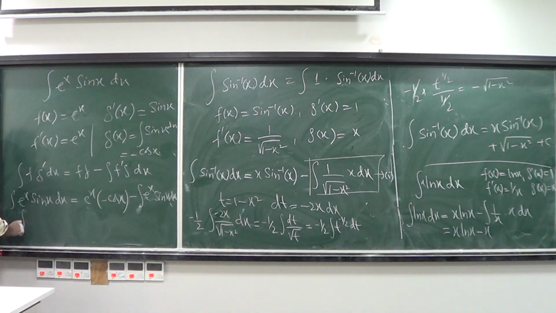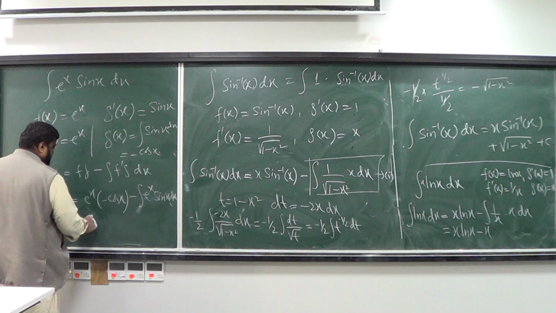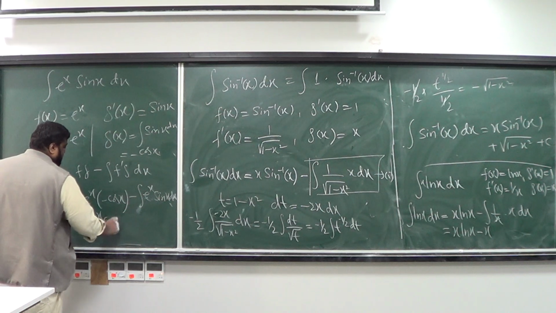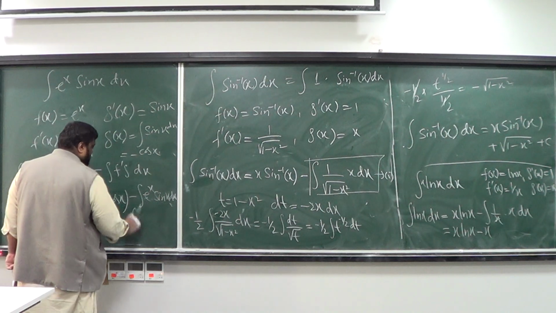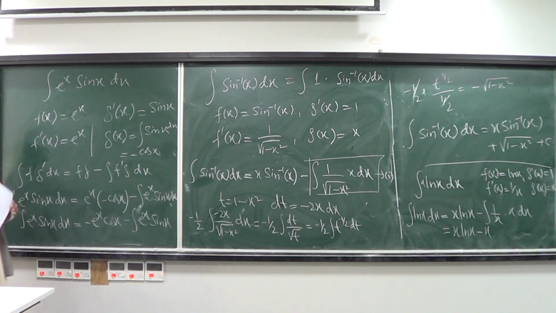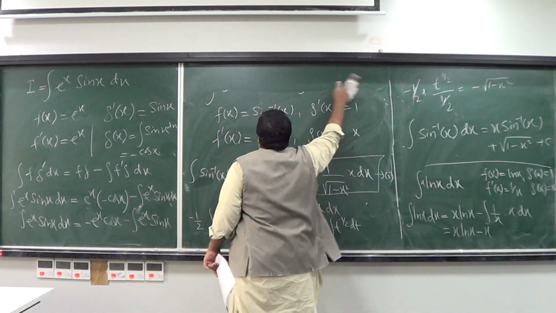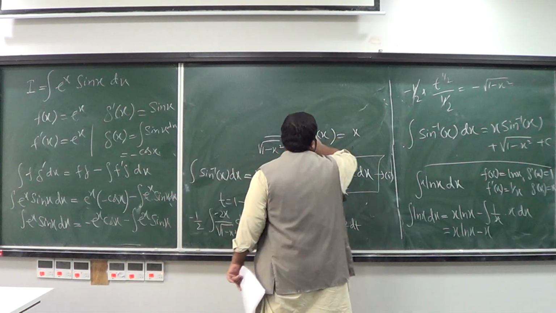So if you simplify this, you're going to get something interesting. Negative e to the x cosine of x minus, again, the same function repeated actually. So the trick to solve such a problem is to give this integral a name, I. Such an integral is one in which none of the functions is reducing actually.